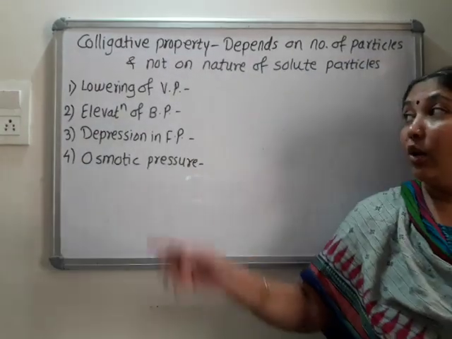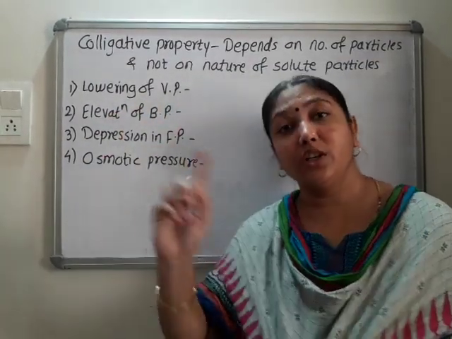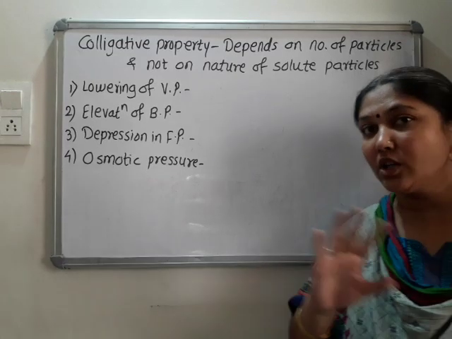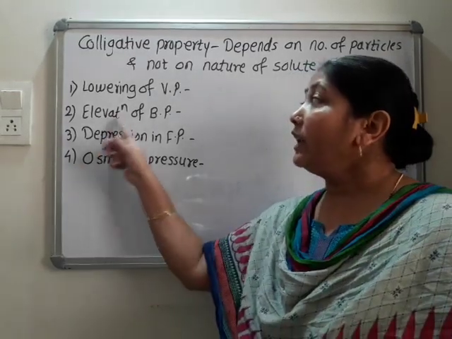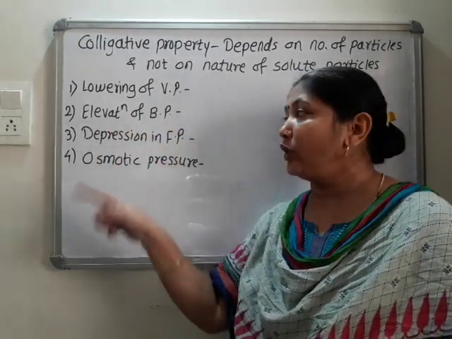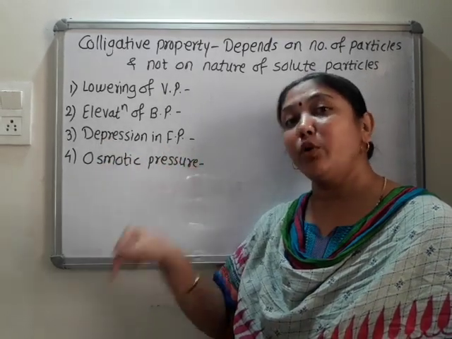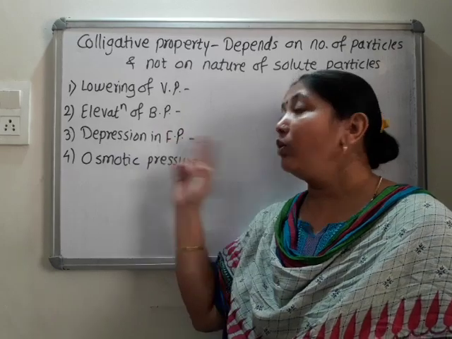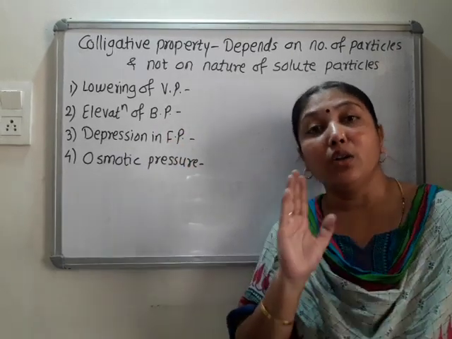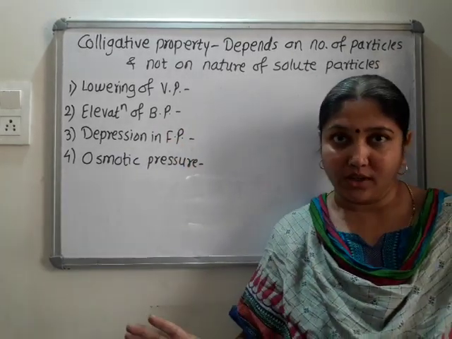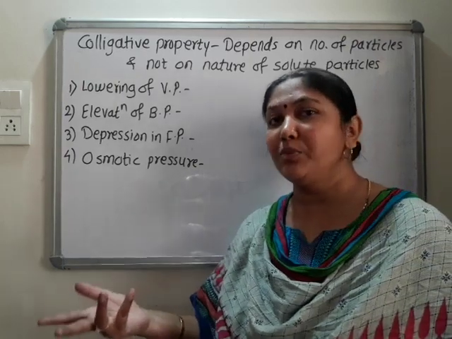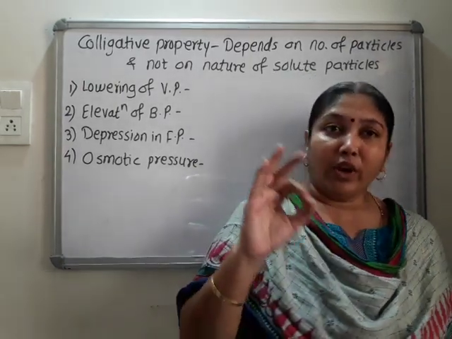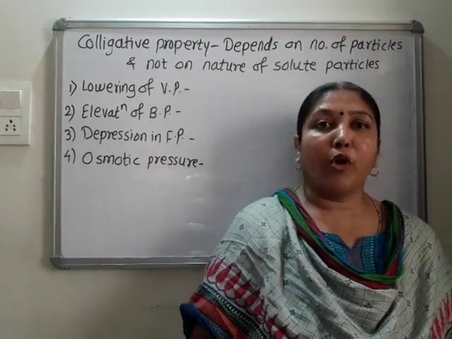Remember, lowering of vapor pressure is a colligative property. Vapor pressure is not a colligative property. Elevation of boiling point is a colligative property. Depression in freezing point is a colligative property. Only boiling point or only freezing point are not colligative properties. So they ask an MCQ, which of the following is a colligative property?